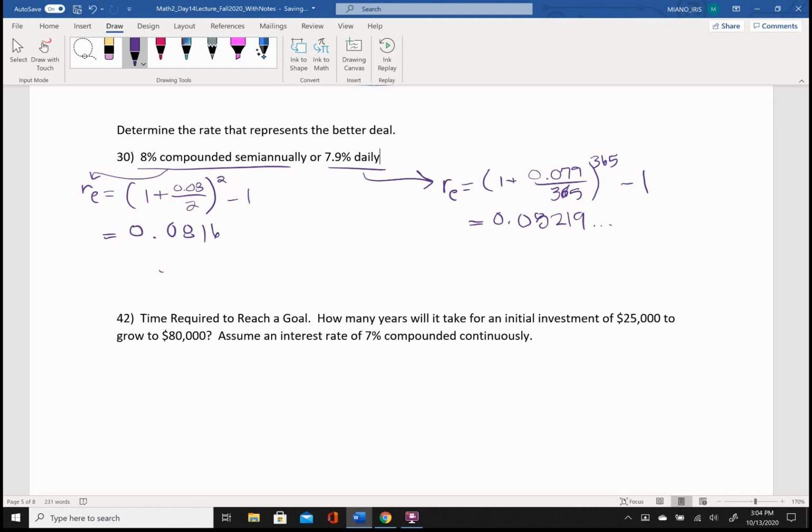If it's an interest rate on a loan, obviously you want that to be lower. But we want to know which one is higher. Well, it's definitely this one here. It's a slightly larger number. So that means 7.9% compounded daily is going to be the better deal.